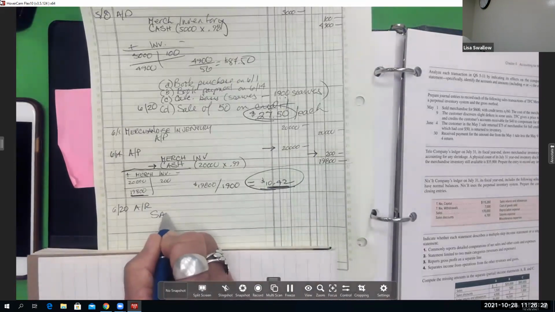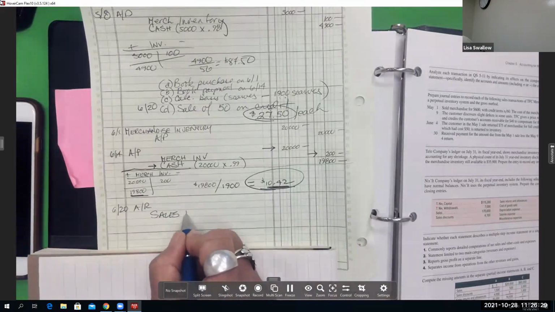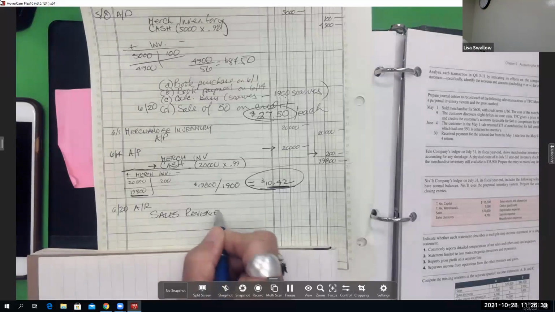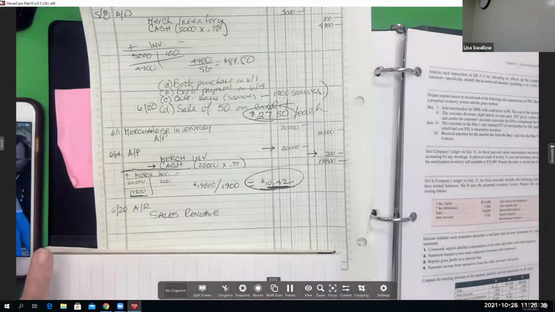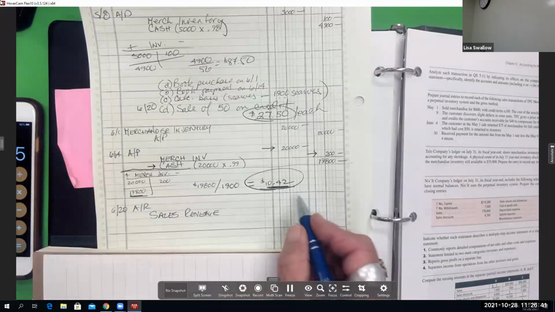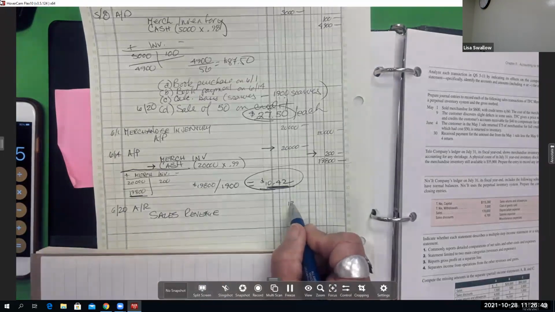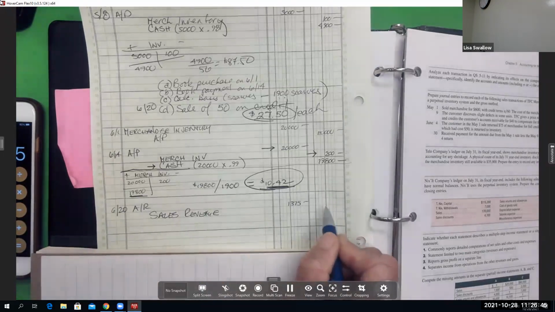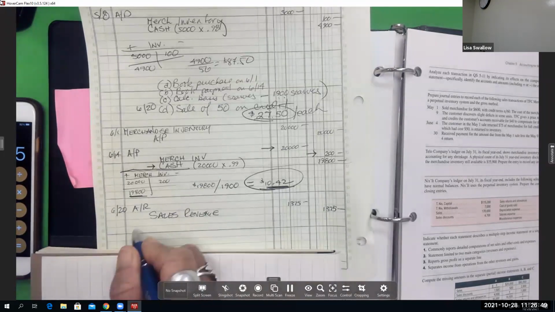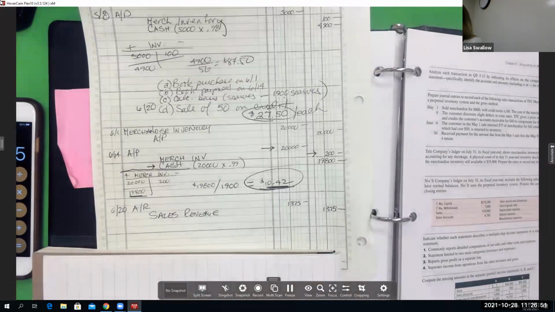So here's the sale. $27.50 times 50 scarves. $1,375. And what's my second journal entry? What do I debit and what do I credit?